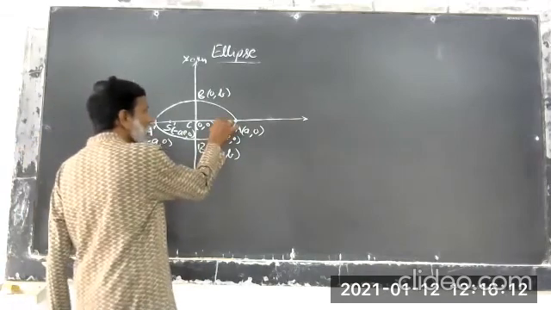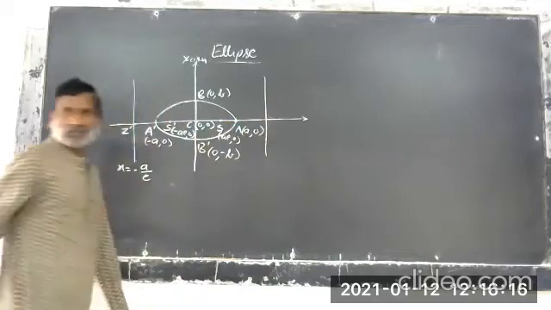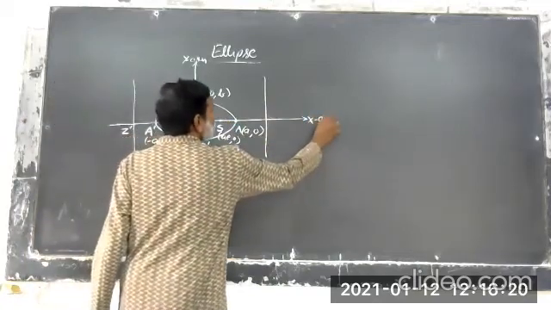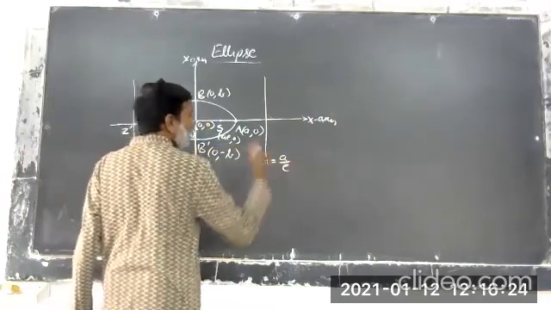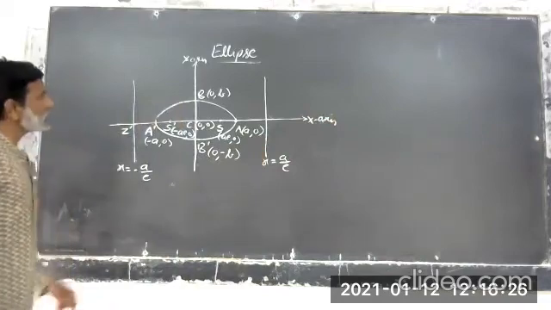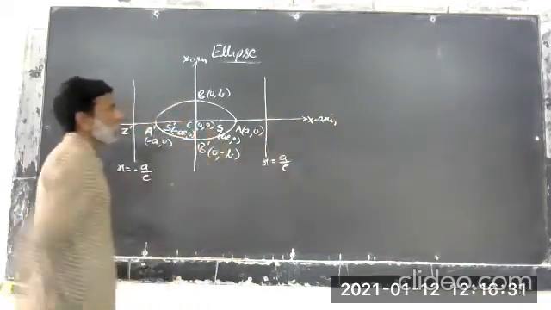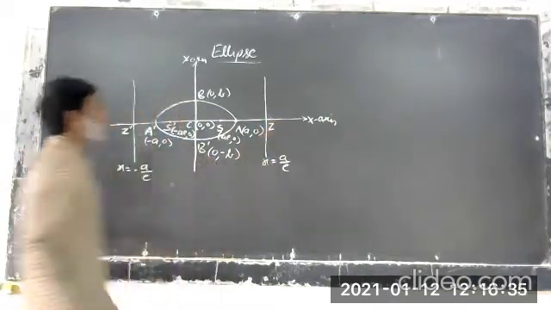And with respect to this focus, the equation of the directrix is x is equal to plus a upon e. Let us take this point where the directrix meets the x-axis as Z.